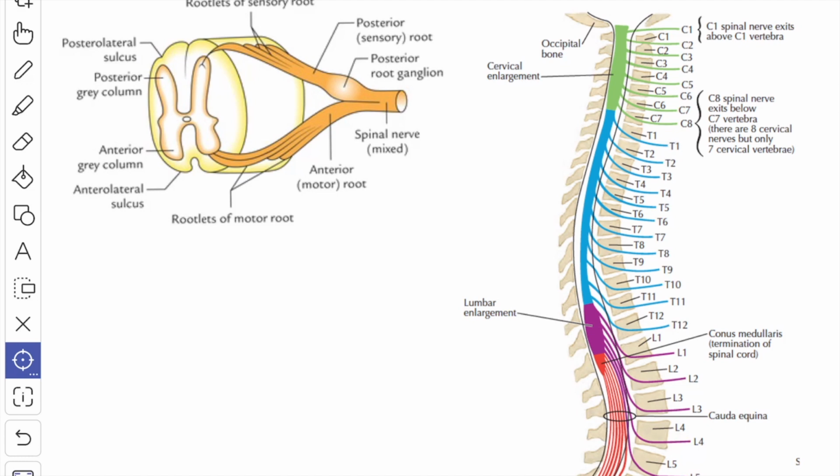The rootlets of the posterior root enter the dorsolateral aspect of the cord along the posterolateral sulcus, whereas the rootlets of the anterior root emerge through the anterolateral sulcus, opposite to the anterior gray column.